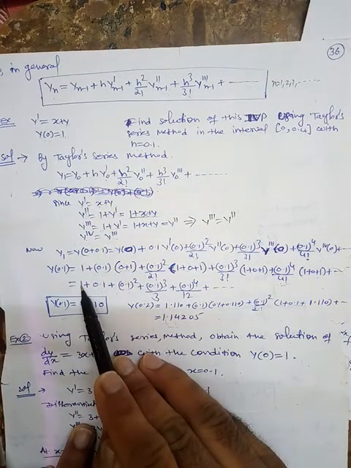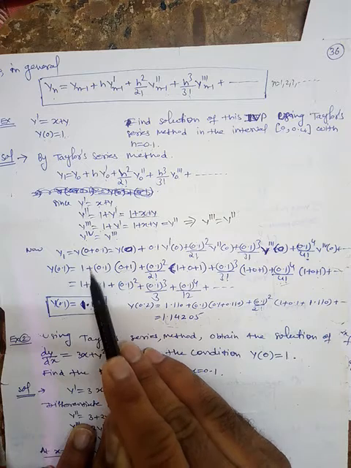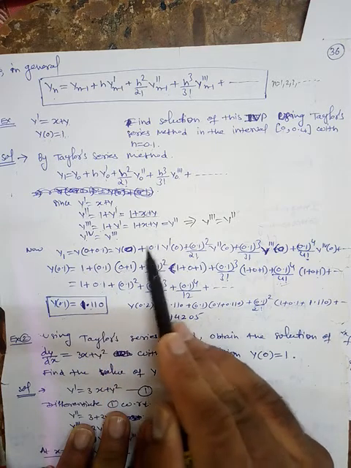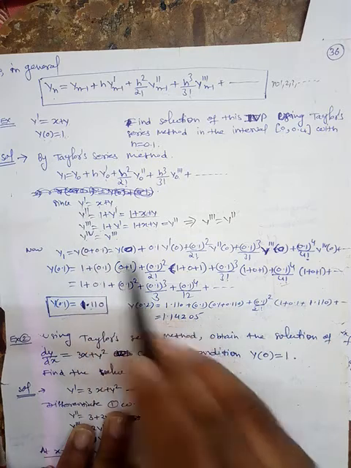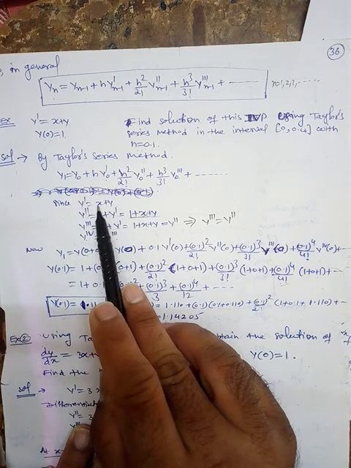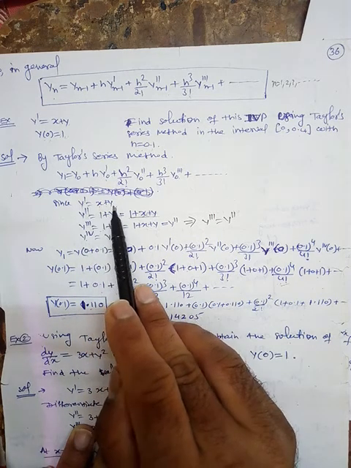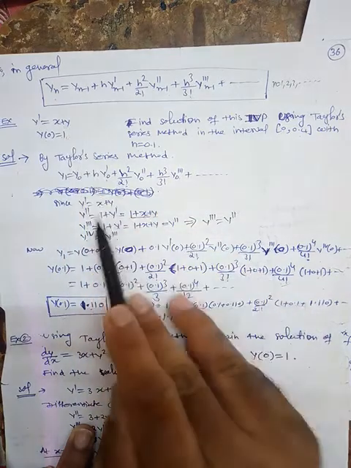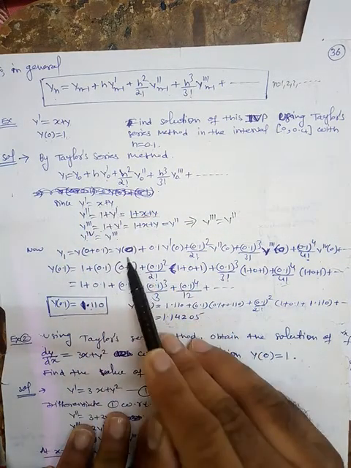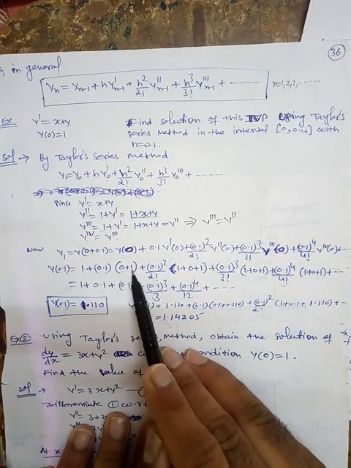So 1, plus this 0.1. Y dash at 0: put x equal to 0 and y at 0, y at 0 is already 1. So 0 plus 1 is 1, that's why the value is 0 plus 1.